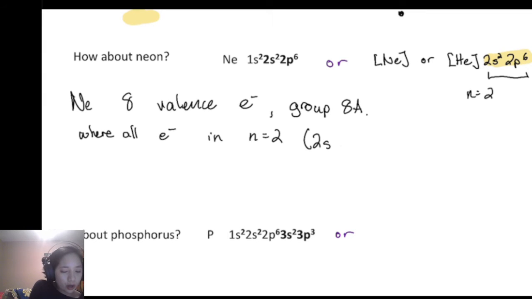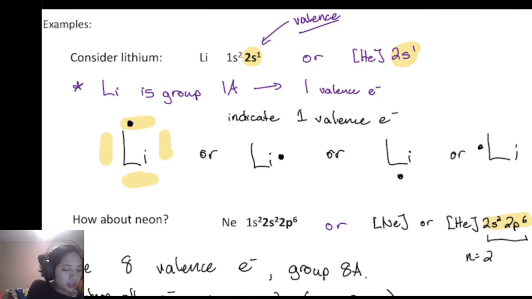So that means the 2s and 2p electrons are the valence electrons. So we can think actually for this lithium example that that single 2s1 electron is its valence shell. So here also the outermost electrons will have the highest n quantum number. So all electrons in n equals 2, so in this case the 2s and 2p electrons, are valence electrons.